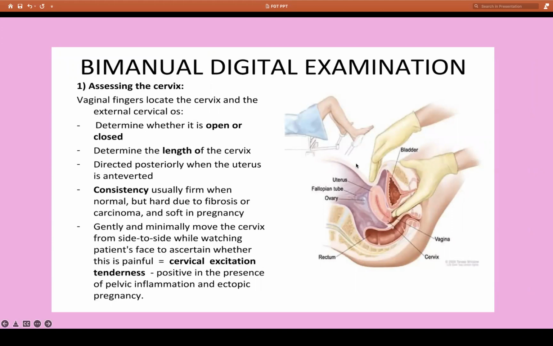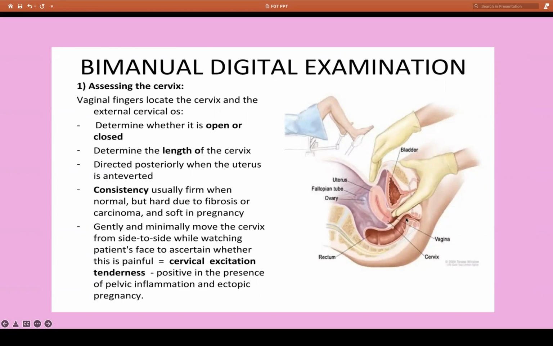And along with that, while you are examining the vagina and cervix, you put your left hand, if you are right-handed, on the abdomen to press and assess the size of the uterus.